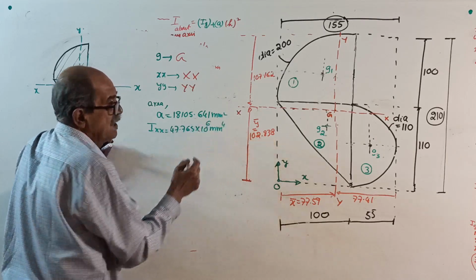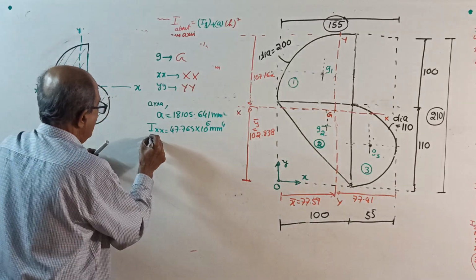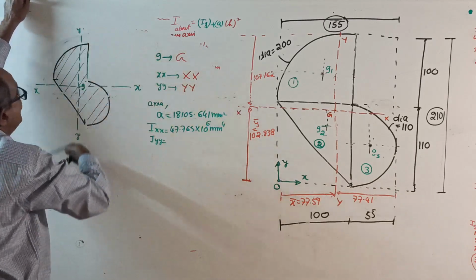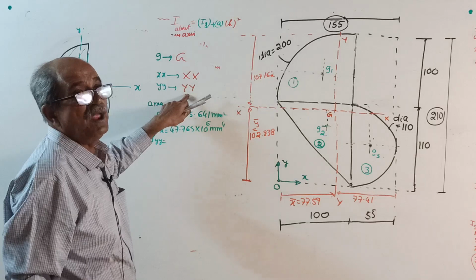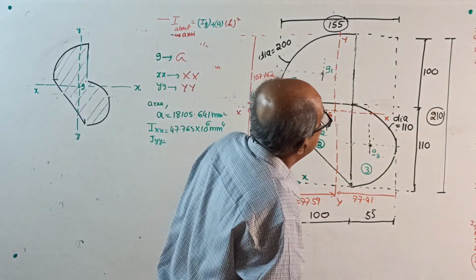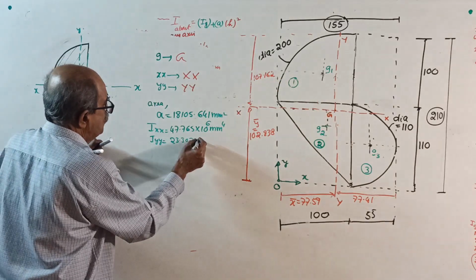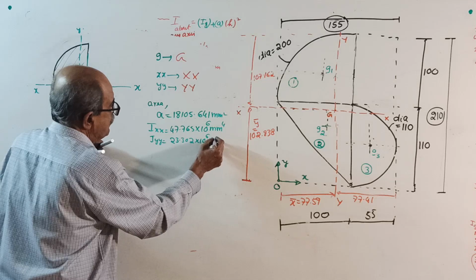See, this is very important for steel structures. And I about this YY, for the complete area, is your I about YY which you just now got, 23.302 × 10^6 mm^4.